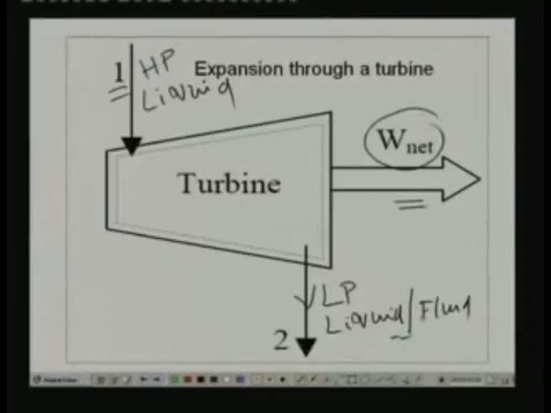So you can reduce the pressure of the liquid using a turbine, and let us say I am taking the control volume across this one and applying the first law of thermodynamics, and if I assume that this process is a steady state steady flow process, then you can apply the first law for a steady state steady flow process.